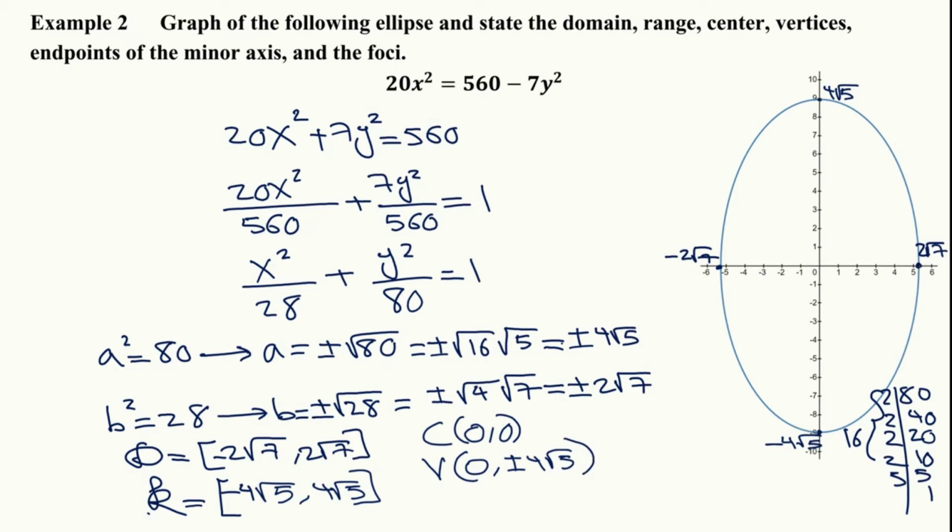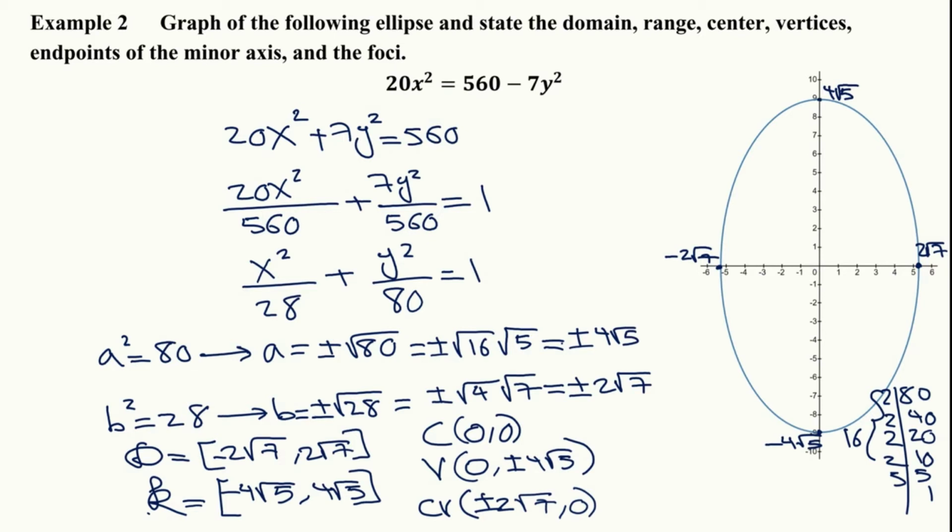The endpoints of the minor axes, which we have called the co-vertices, are going to be at plus or minus 2 radical 7, 0. All right.